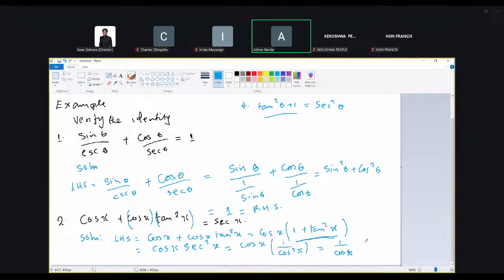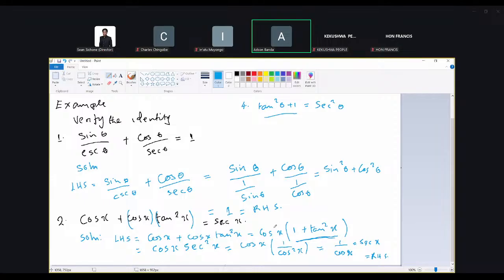And so 1 over cos is actually sec x. And you can see that this is what is on the right-hand side. Right, so we have verified this identity by showing that the left-hand side is equal to the right-hand side.